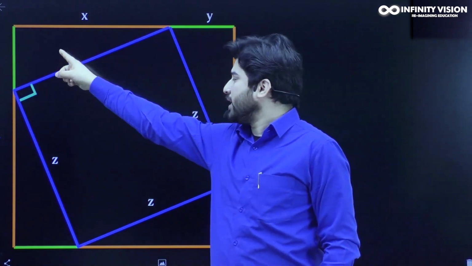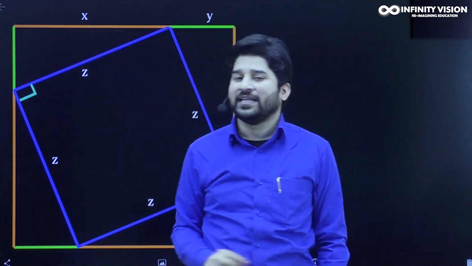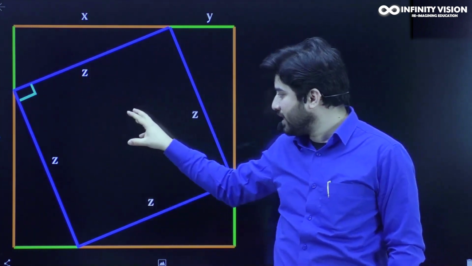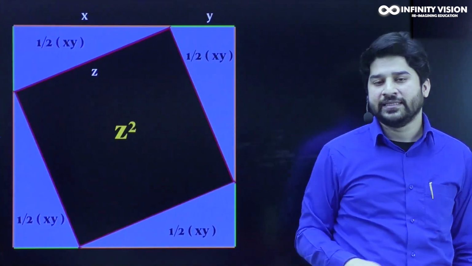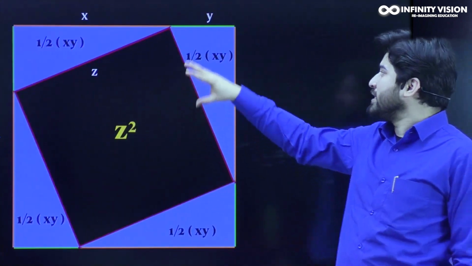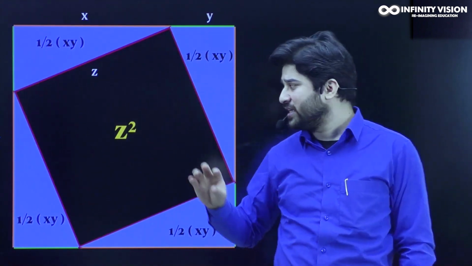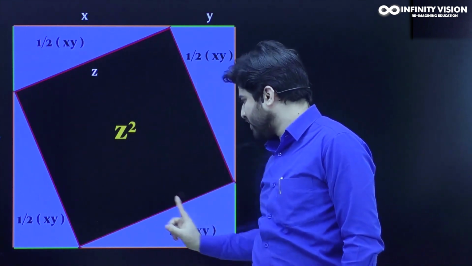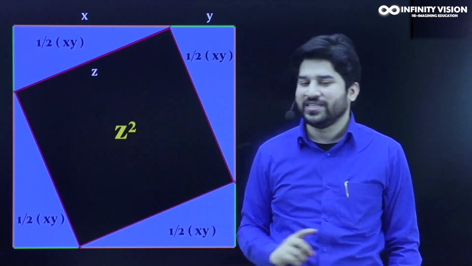Now if you look into the area of each congruent triangle, you see the base and height as x and y. So you can say the area is going to be half xy, and the area of this square is going to be z square. It would look something like this. So you can say the complete square has been divided into 5 regions, and each region can be added up: half xy, half xy, half xy, half xy, that is 4 times half xy, that is 2xy, plus z square.